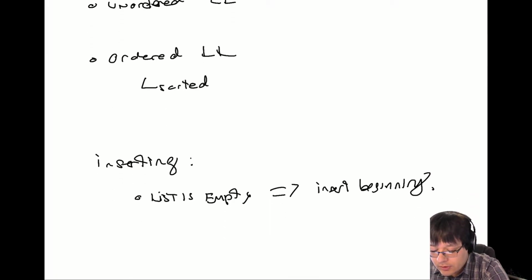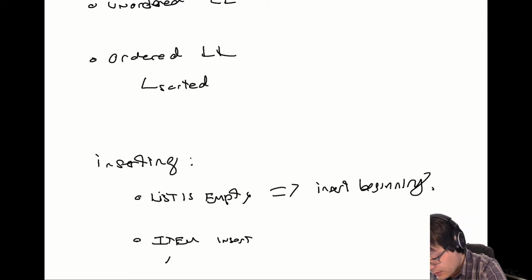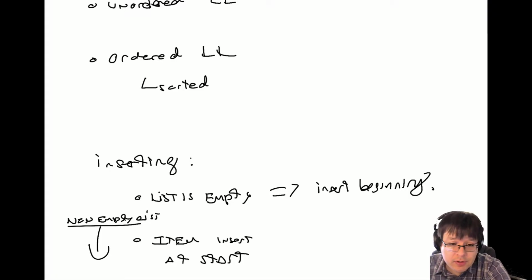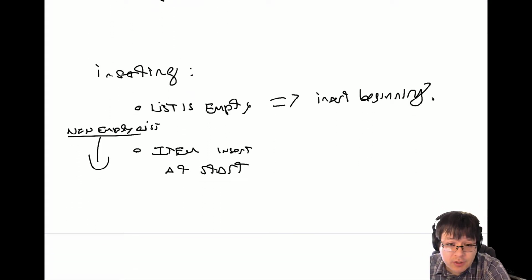You got another scenario where the item you're inserting goes at the beginning of the list. So insert at start of a non-empty list. So anything down here is a non-empty list, but it's the smallest number you're inserting. So in this case, you would be inserting it at the start.